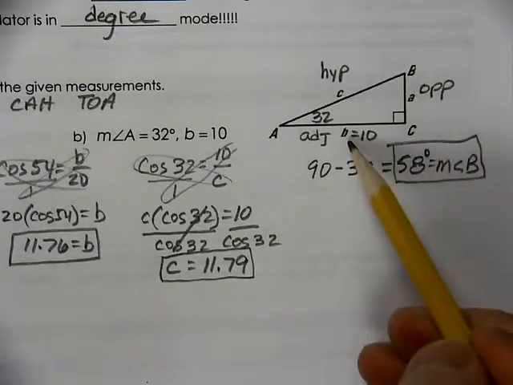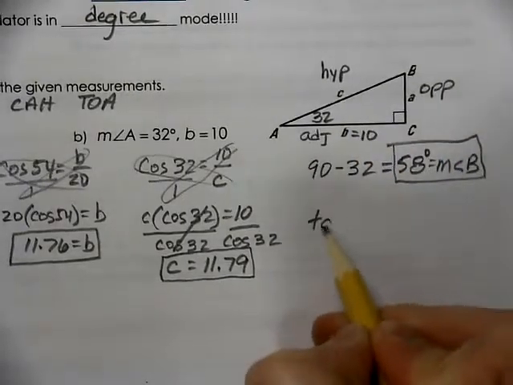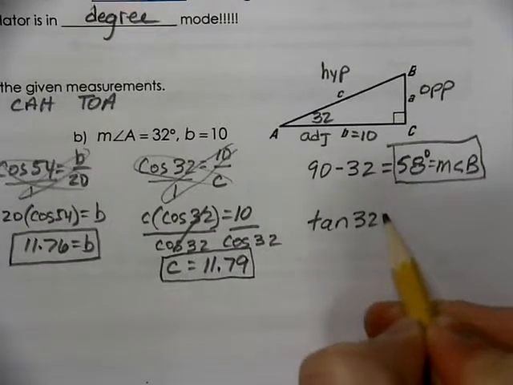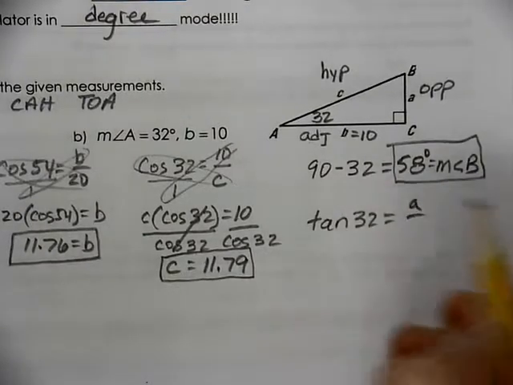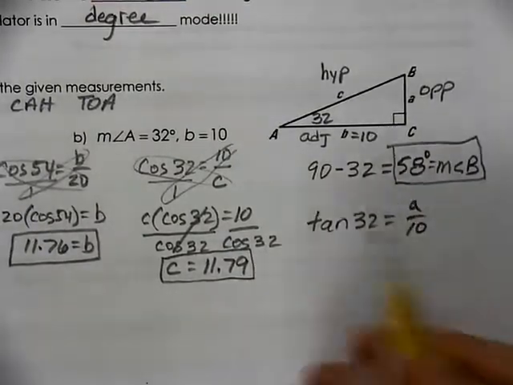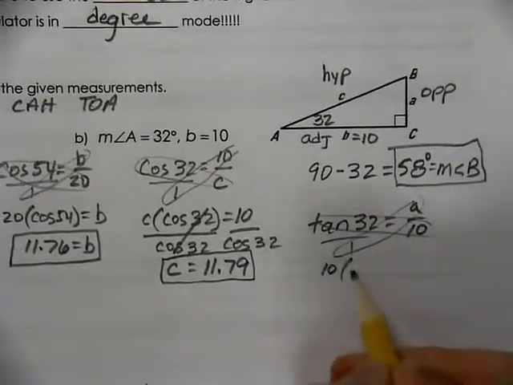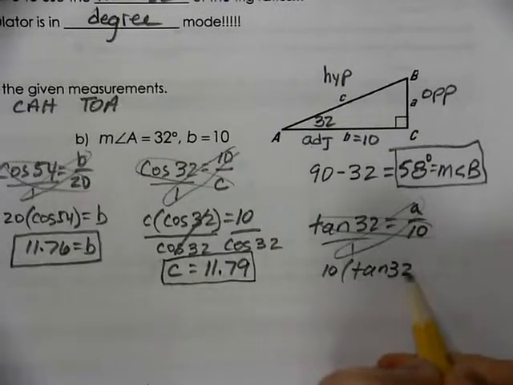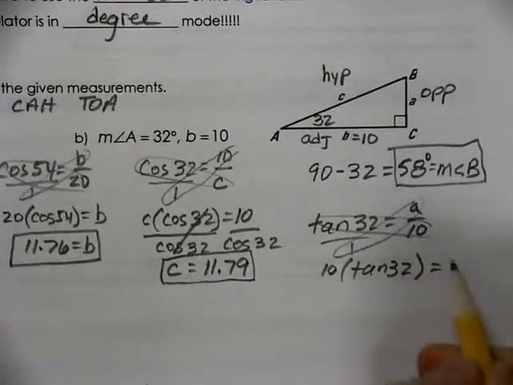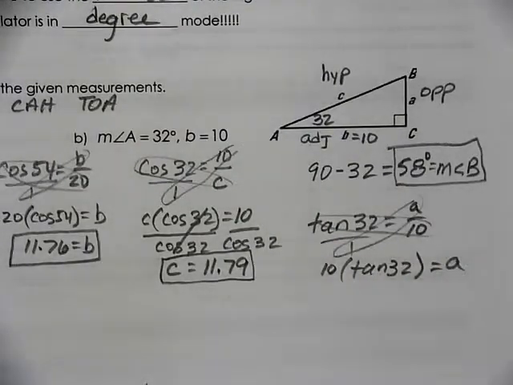So opposite over adjacent is tangent. So tangent of 32 equals opposite over the adjacent. Cross multiply, 10 times the tangent of 32 equals the A, and side A is going to be 6.25.